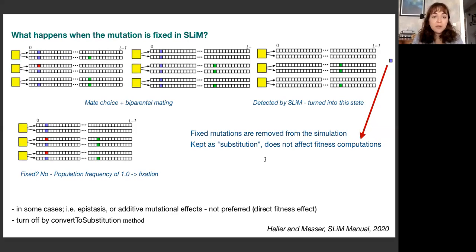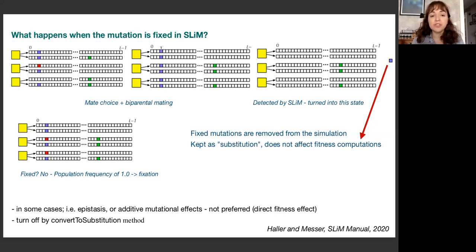And another concept that we should be aware of in SLiM is what happens when a mutation is fixed. When we say fixation, we mean that the population frequency of the mutation reaches 1. So, for example, let's say there is generation 1 and generation 2. In generation 1, assume that each individual randomly selected one parent, and then in generation 2, we see this scenario.